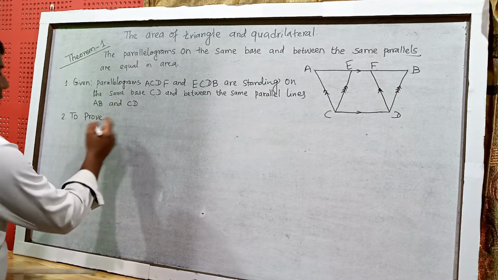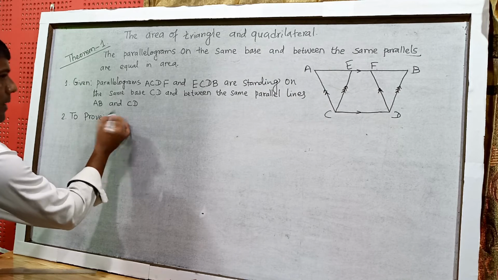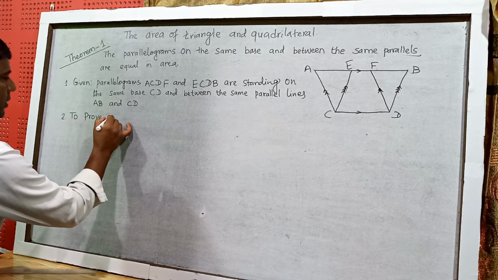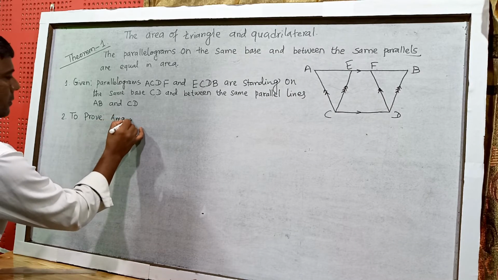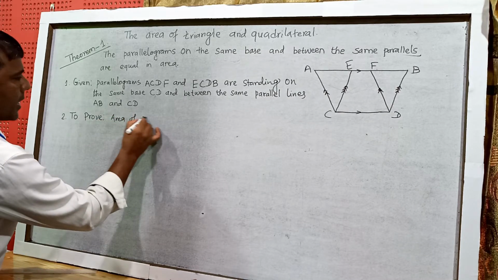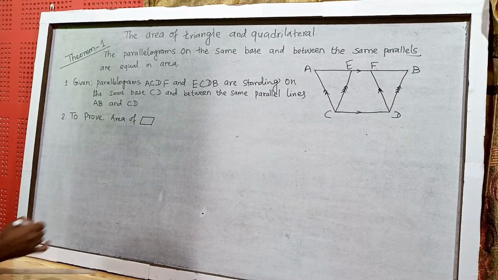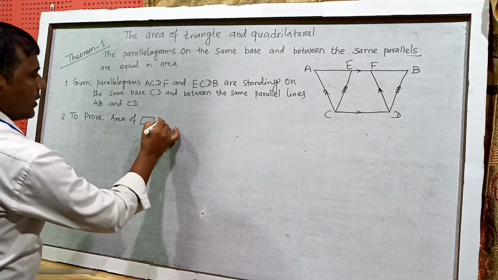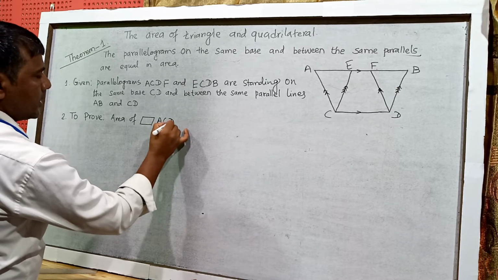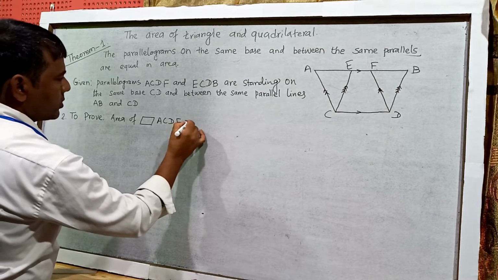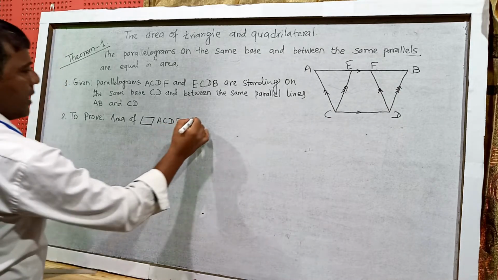So to prove: area of parallelogram ACDF equals the area of parallelogram ECDB, where this is the symbol of parallelogram.